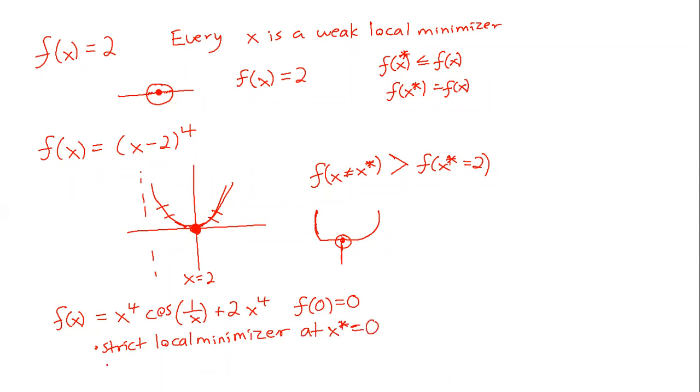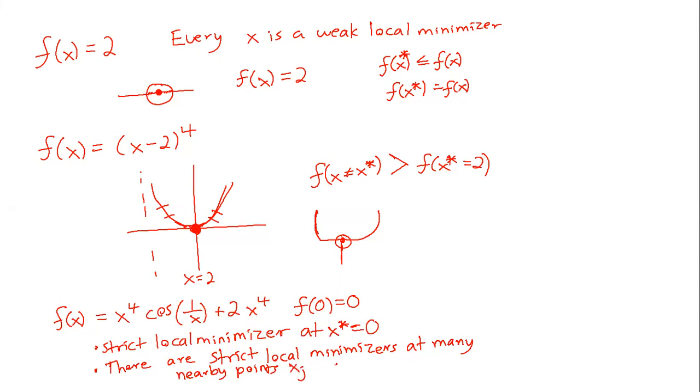And then it also says that there are strict local minimizers at many nearby points, x_j, and they can label the points so that x_j goes to 0 as j goes to infinity.